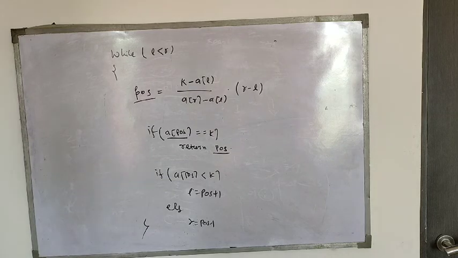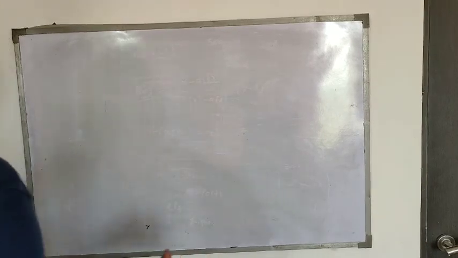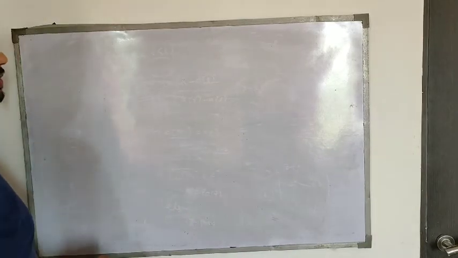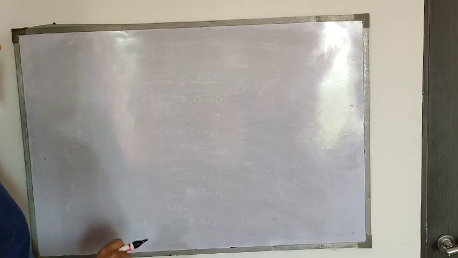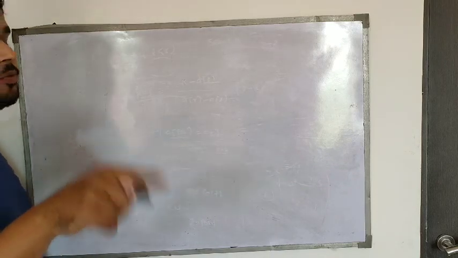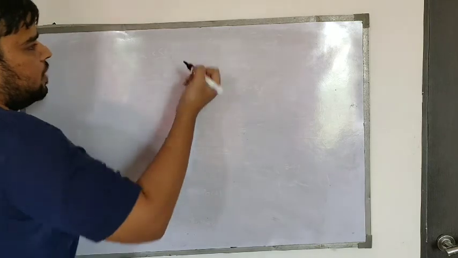Okay, so let me explain the time complexity for the interpolation algorithm. Before we move to calculate the time complexity for interpolation search, let's try to calculate the complexity of binary search. I am giving this example because it will help to understand. So what is binary search?